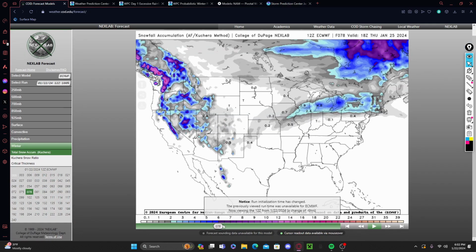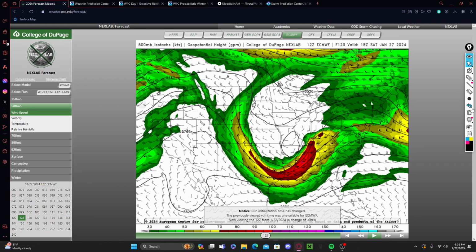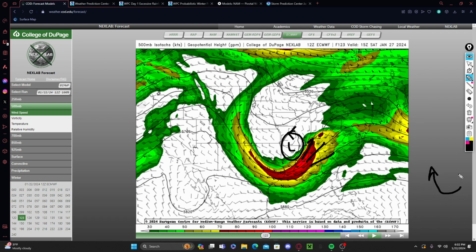The European model will have a little bit more of a wide range, and this closed low here for Saturday could lead to some problems, right? A very rapidly rotating low pressure system right here with an exit region, which is moving in opposite directions. Essentially, what this means is that above the atmosphere, there's going to be a little bit of a hole, and air from the surface will go up to fill that hole and lead to clouds forming, like so, and storms.